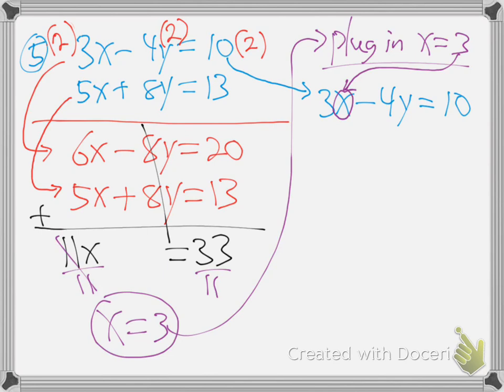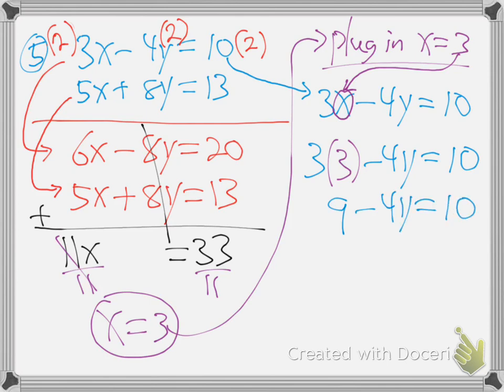So then we get 3 times 3 minus 4y is 10. We good so far? And so what's that going to be? That's going to be 9 minus 4y is 10. So we go to there. Y is saying, I want to be alone, like they're always saying. So what do we do to get y alone?